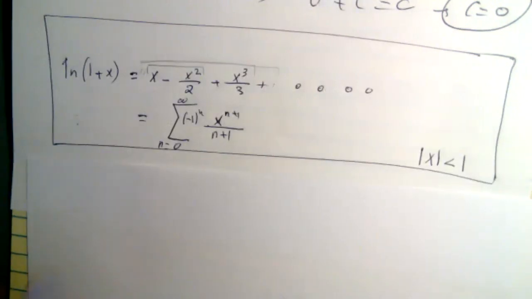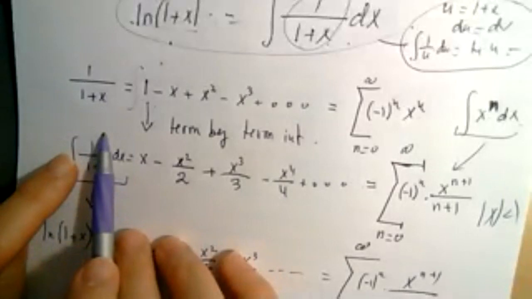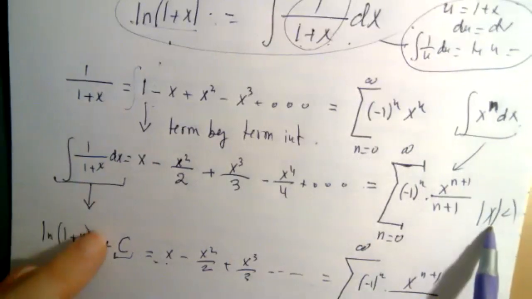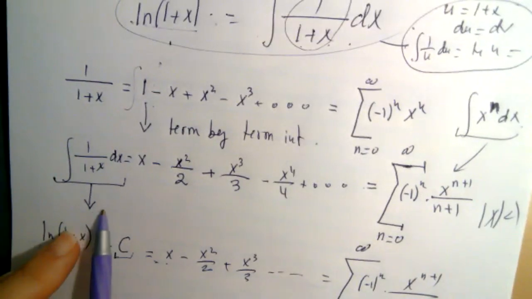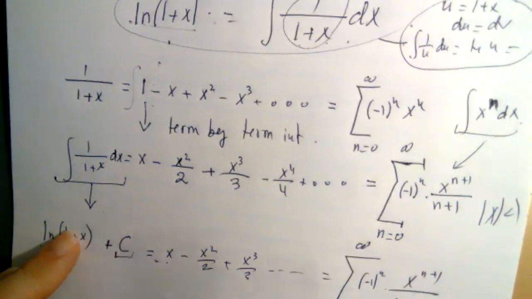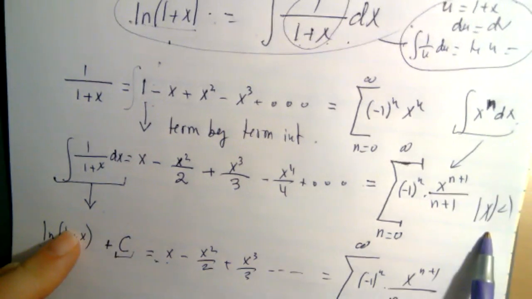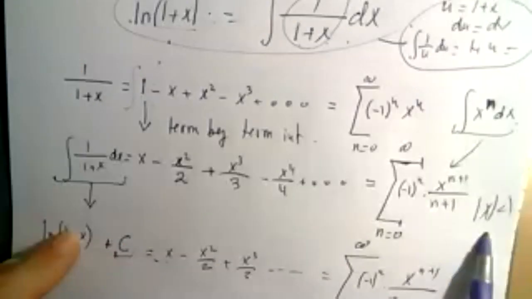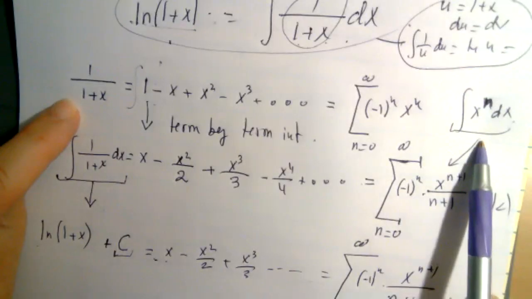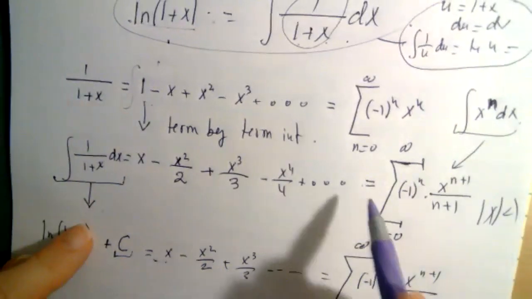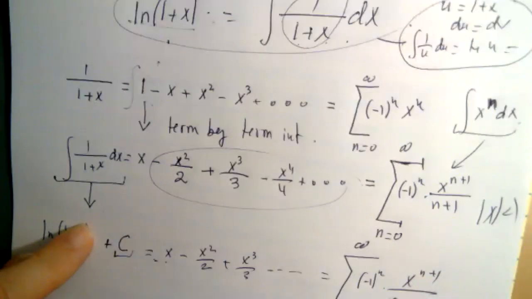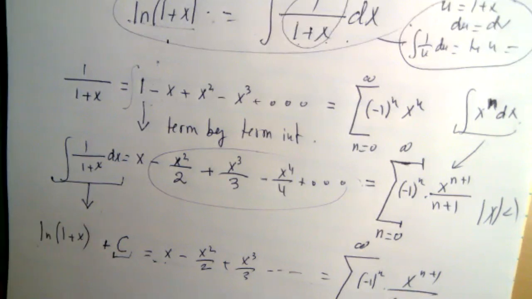Meaning, if 1 over 1 minus x holds when absolute x is less than 1, when you find the antiderivative, it will also hold for the same values as the original one. So this new series also will converge for the same values of x. And that's really what the theorem tells me.